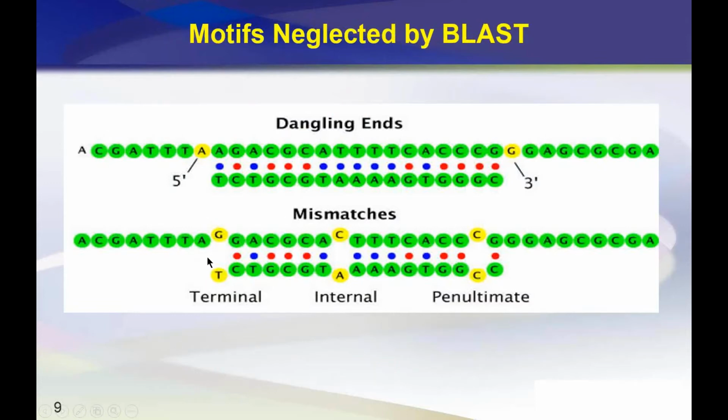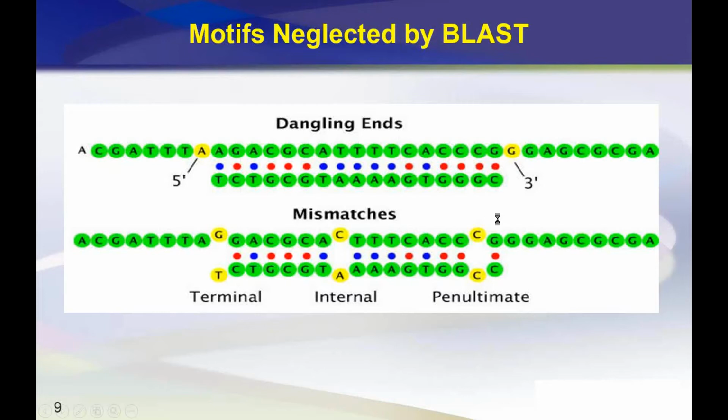In addition, mismatches are not only different from each other, but they depend on where they are in the sequence. So a mismatch in the middle of the sequence is not the same as a mismatch at the very end of a sequence or near the end, at the penultimate position. All of those effects are taken into account by ThermoBLAST, as we'll see later.